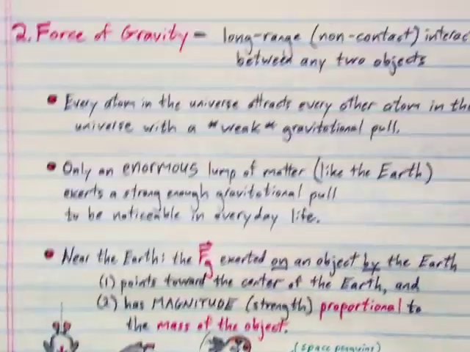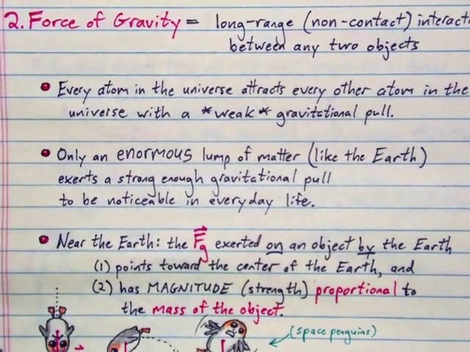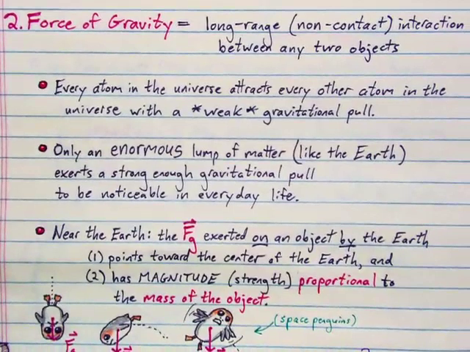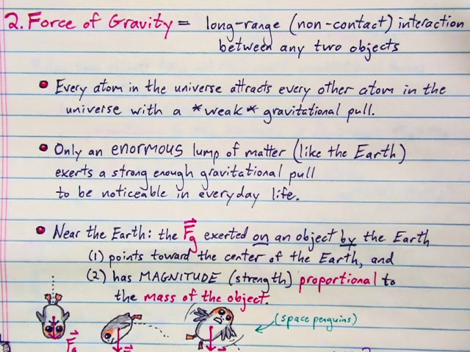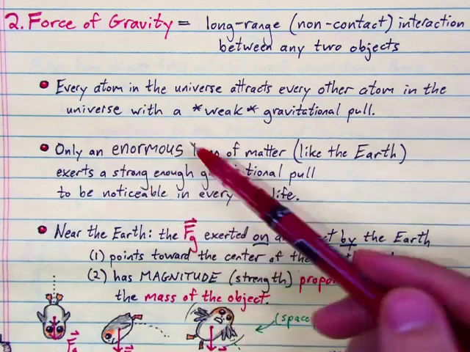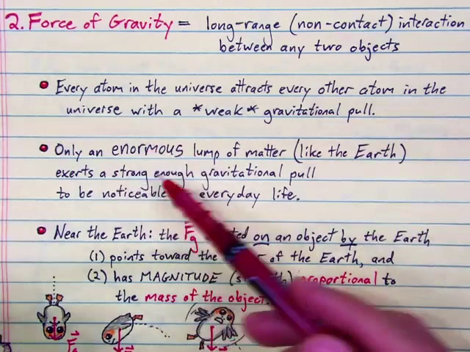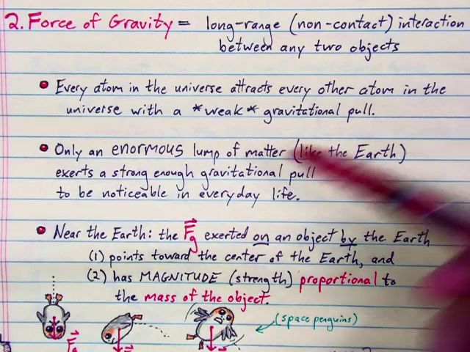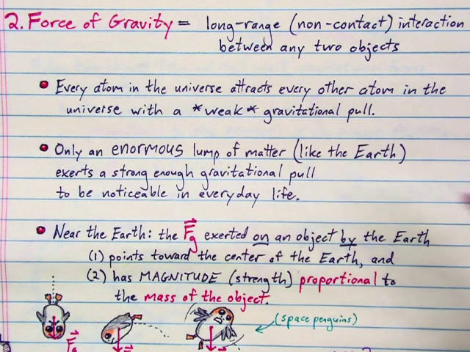That covers contact forces. Let's talk briefly about the force of gravity as it appears on our free body diagrams. It's a long-range, non-contact interaction between any two objects. Every atom in the universe attracts every other atom in the universe with a weak gravitational pull. Only an enormous lump of matter, like a whole planet, exerts a strong enough gravitational pull to be noticeable in everyday life.